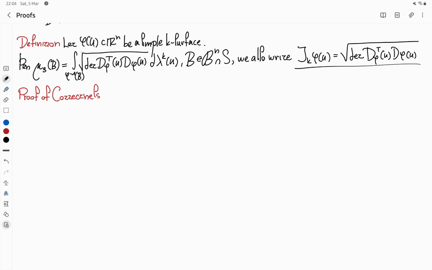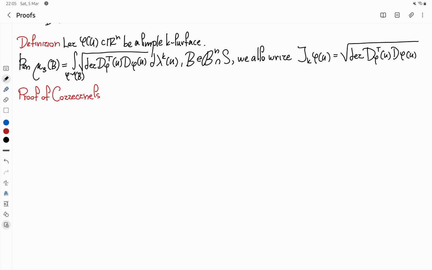This is equal to the integral over the pre-image of B under phi of this baby right here, with respect to the k-dimensional Lebesgue measure. We note that we have a shorthand for the integral. We can simply call it jk phi of u.